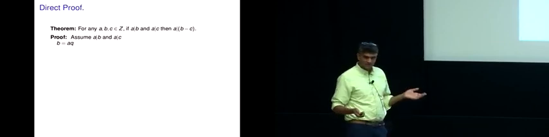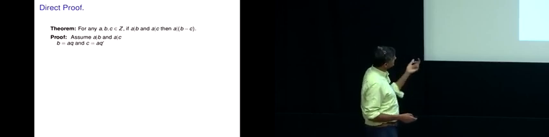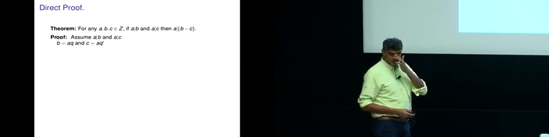And what we're going to say is there exists some Q where B equals A times Q. So now we have an equality, right? That's nice to work with. We're not going to be waving our hands. It's very precise now. And we know that there's some integer Q prime where C equals A times Q prime.